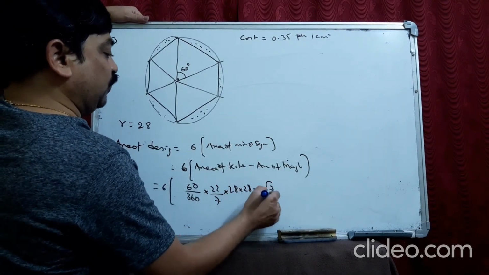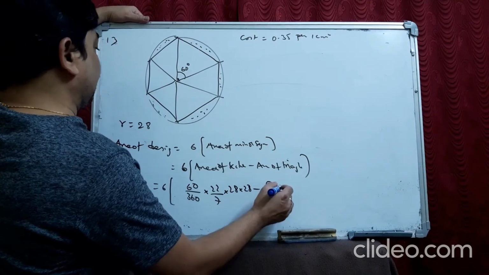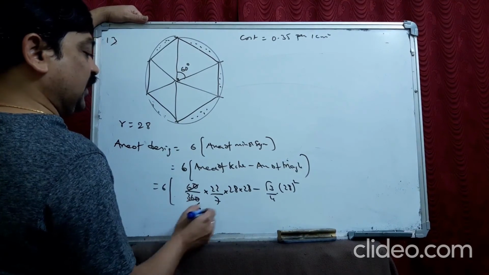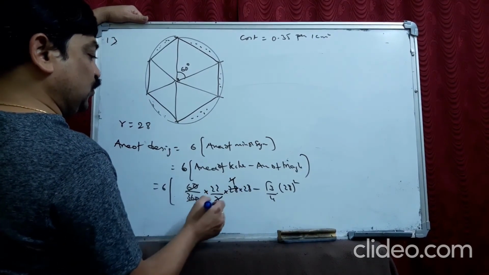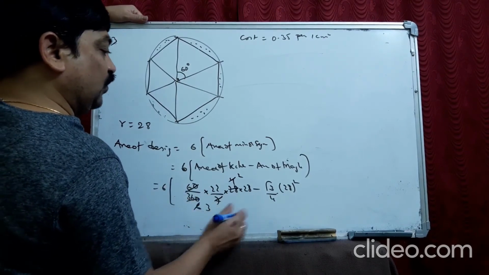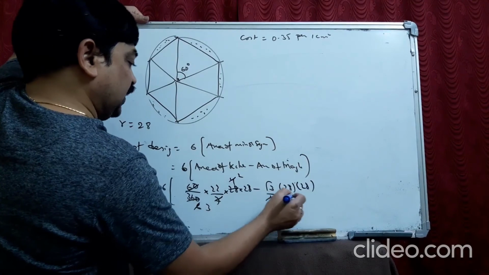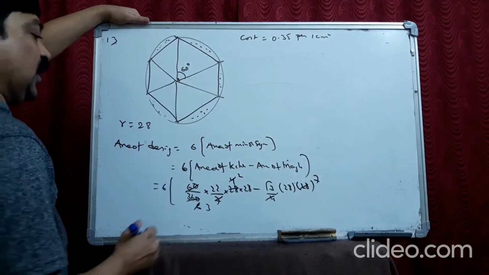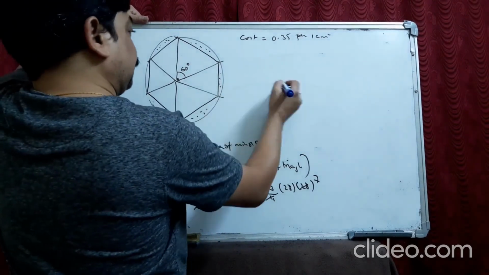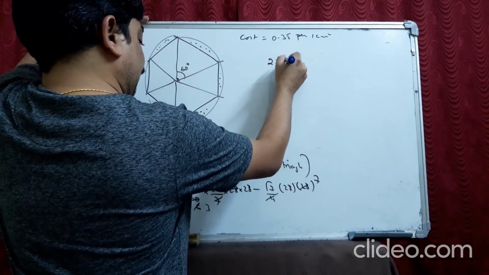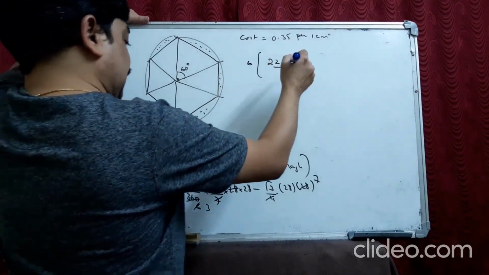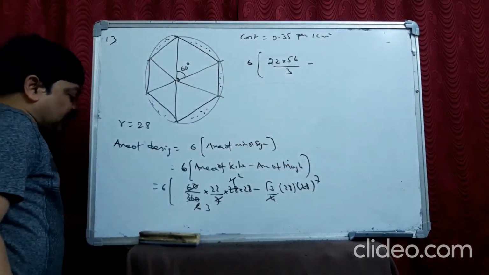And it is root 3 by 4 a square, a is 28 again, 28 square. Now it becomes cancel 6 here, 7 cancels 4 times, 2 can cancel here. Now 28 square, I write 28 into 28. It becomes 4 7s. Now after this, 22 into 56 by 3, 6 outside, minus root 3 is 1.73.